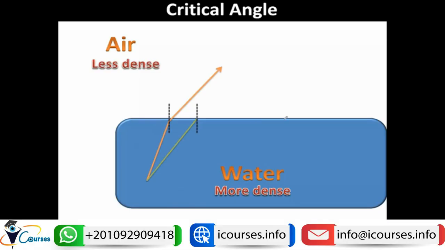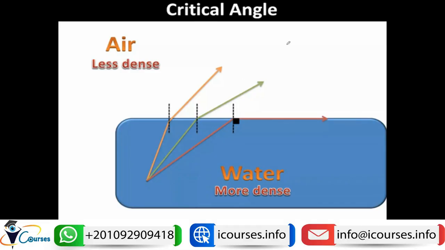So when we increase the angle of incidence, the angle of refraction will increase, and again increasing the angle of incidence, the angle of refraction will increase until the refracted ray becomes perpendicular to the normal and parallel to the surface.